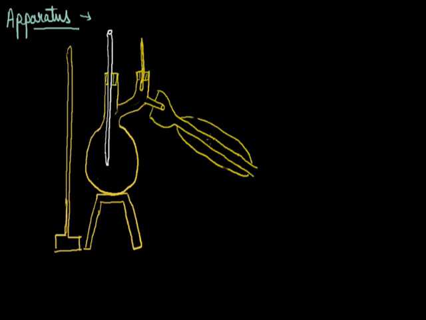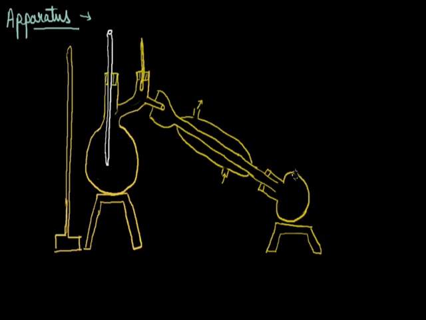From here there is an outlet of water from where the hot water goes to the sink, and this is the inlet, where the cold water enters. Then further this is sent to the receiver where the distilled liquid is collected. This is the arrangement of the apparatus in vacuum distillation.